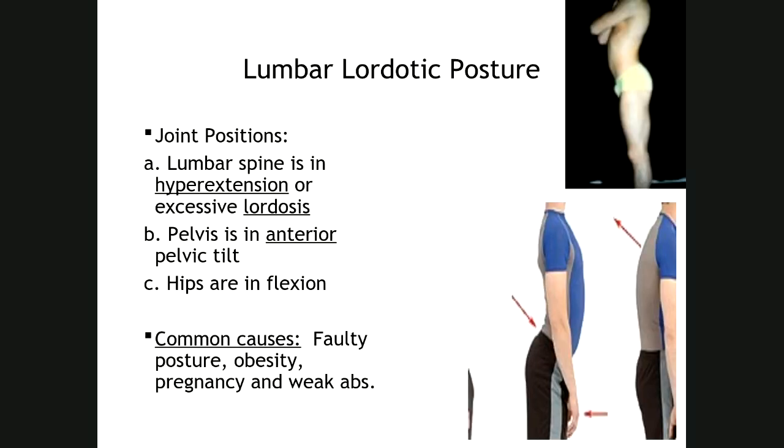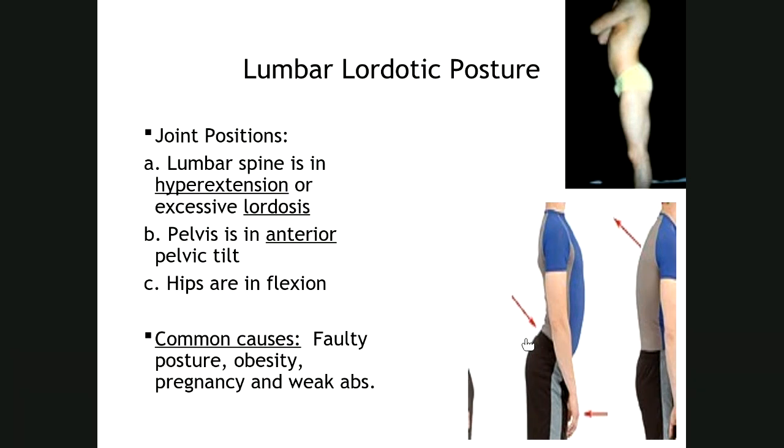Then we have our lumbar lordotic posture. So joint positions, the lumbar spine, as you see here, is in hyperextension, or excessive lordosis. This is a very, very increased lordosis that you see here. The pelvis is going to be in an anterior pelvic tilt, as you see there. And the hips are going to be flexed because that pelvis is going into the anterior pelvic tilt, which means that you're flexing your hips.